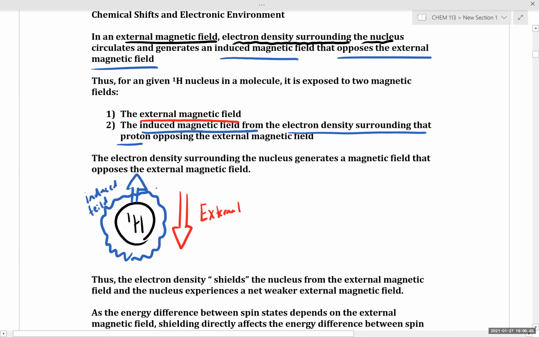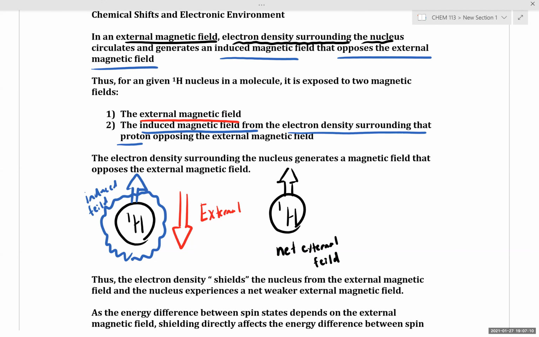And if we add up these two magnetic fields that are oriented in opposite directions, we get our net external field. Now, thinking about this net external field, we can conclude two things. First, this net external field is also proportional to the difference in energy between our two spin states.